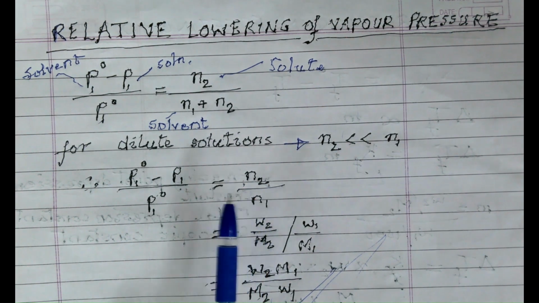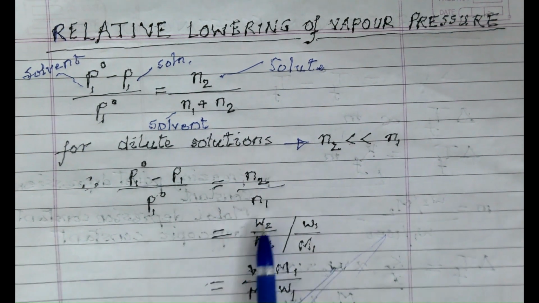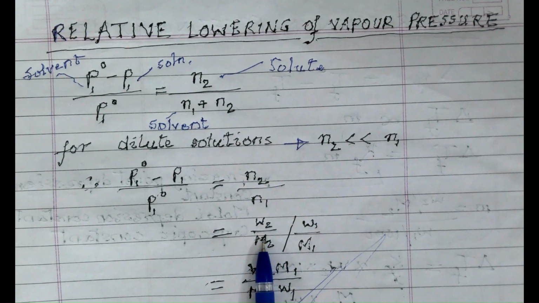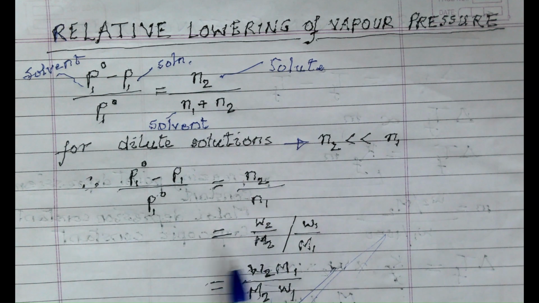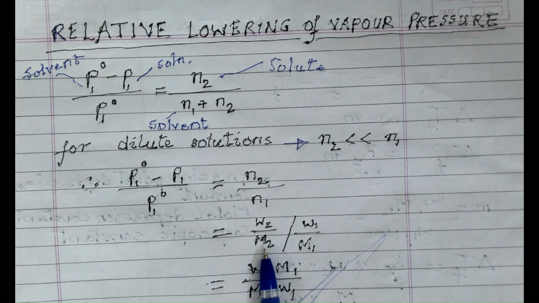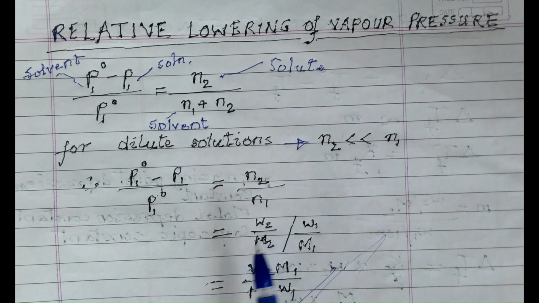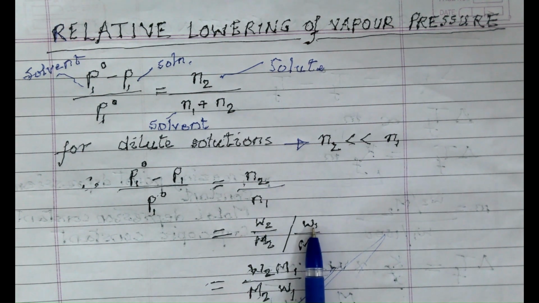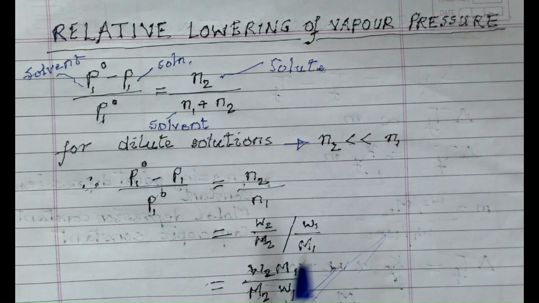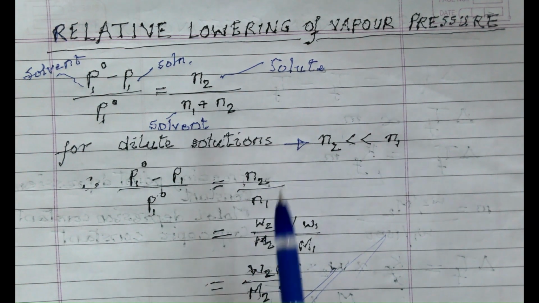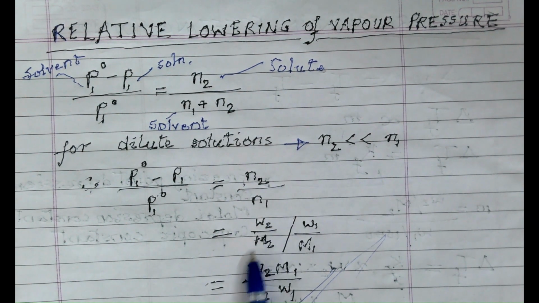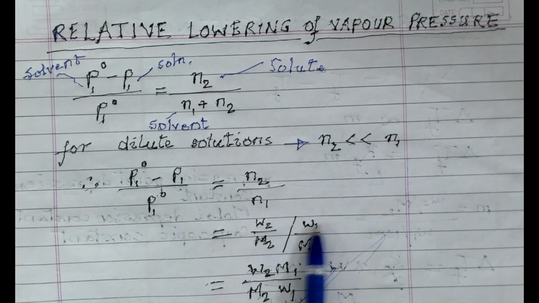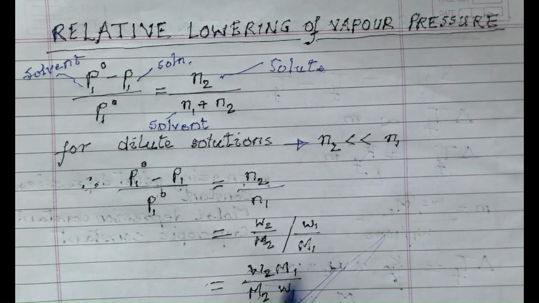And we know that number of moles is equal to weight divided by molecular weight. If W2 is the weight of the solute and its molecular weight is represented by capital M2, similarly, if W1 is the weight of the solvent and its molecular weight is M1, we can substitute these values and we get W2 upon M2 divided by W1 upon M1.